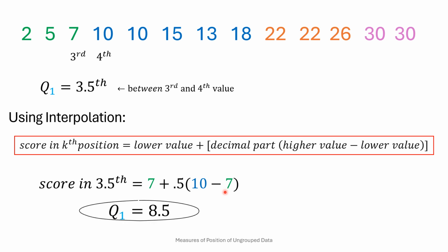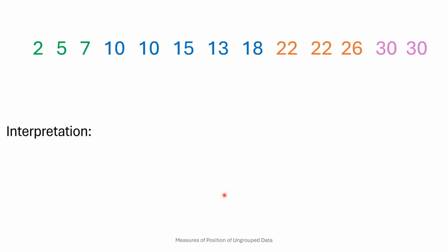Simplifying, therefore, quartile 1 is 8.5. Locating the quartile 1, which is 8.5, it is at the middle of 7 and 10.